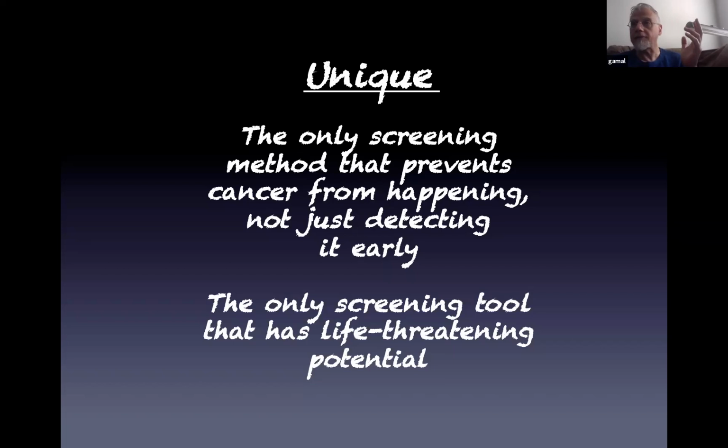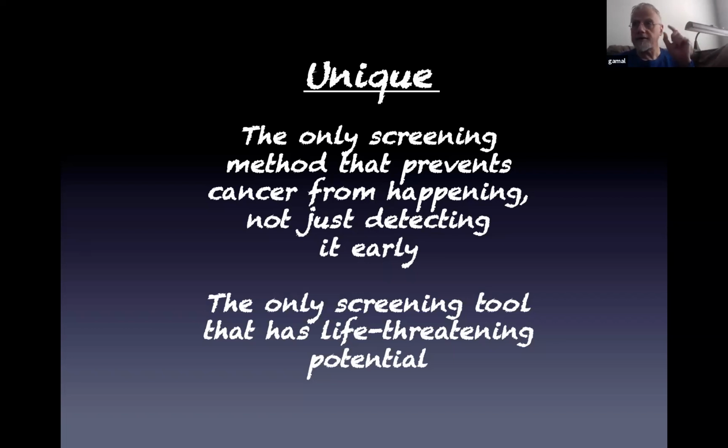Colonoscopy is totally different. With colonoscopy, you see polyps, and these are benign processes. They are not carcinoma in situ. There's no cancer yet. Polyps are benign pathologies for the most part. You take them out, you prevent cancer from happening. So it's not just a screening method, it's a preventive method for colon cancer.